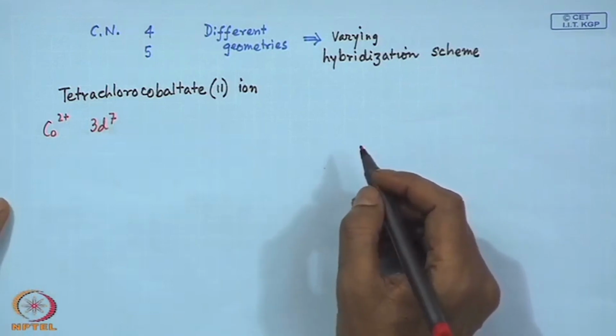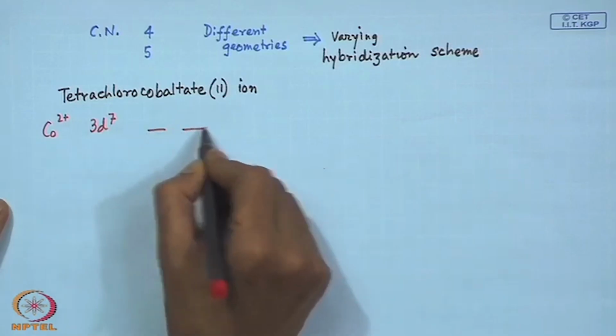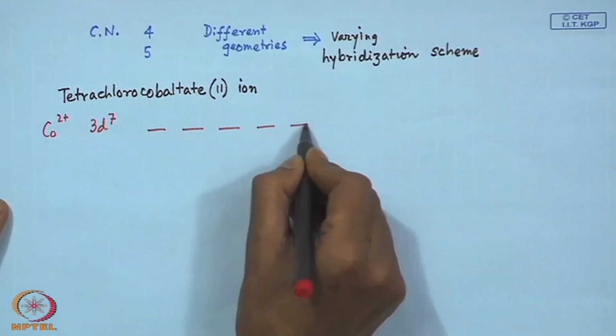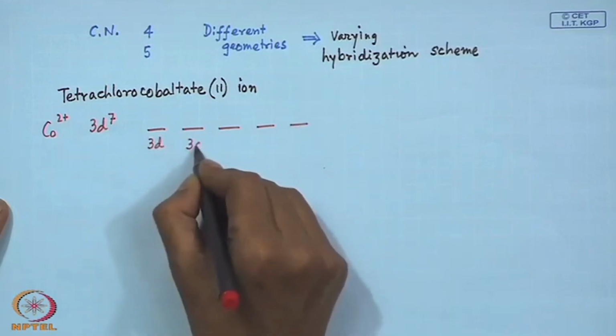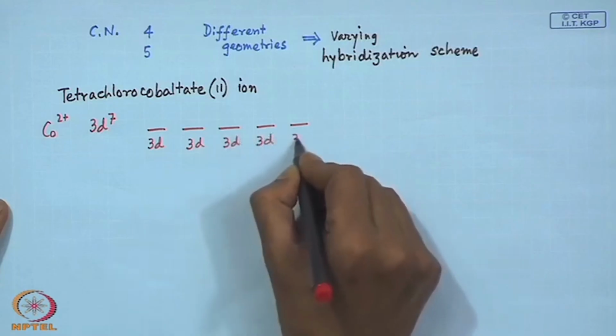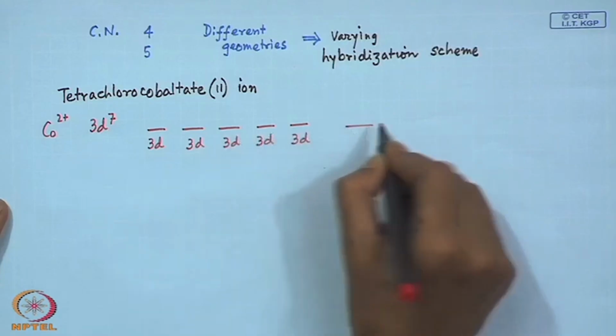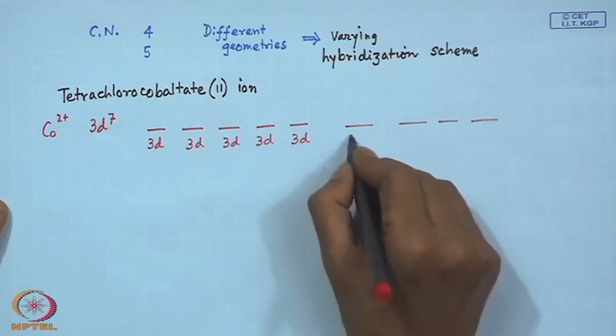So 5 d orbitals are available to accommodate the 7 electrons. So these are 3d, all 3d. Then 4s and 4p.